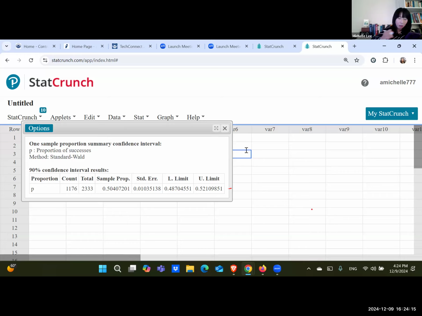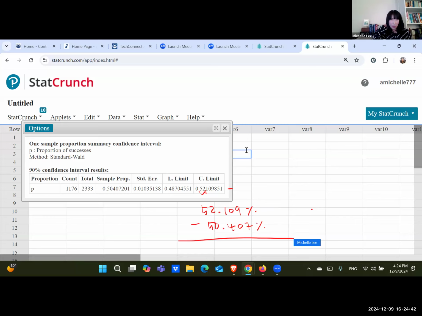Let's change to percentage because the p hat is given as a percentage. So 52.109 minus 50.407%. Can you please calculate?